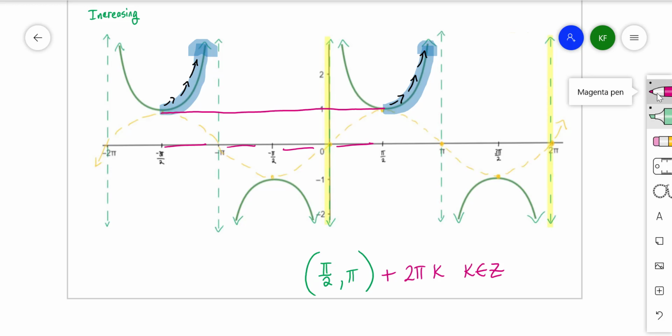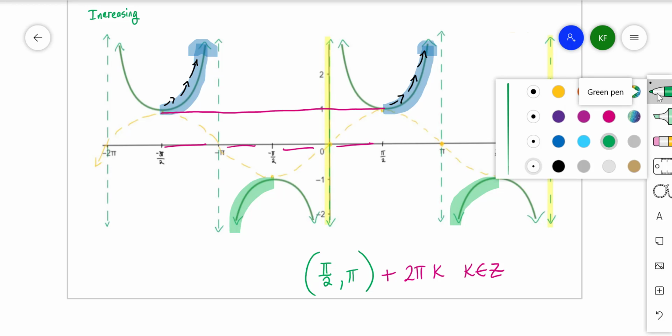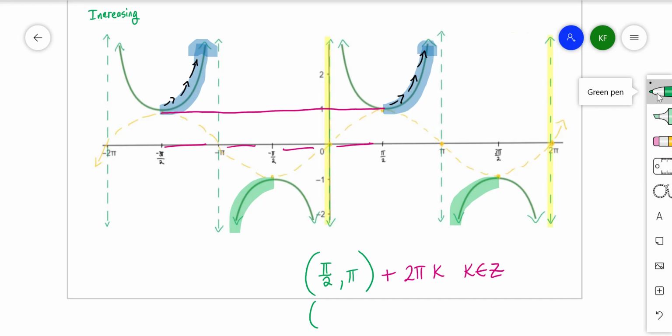Now we have other intervals in the bottom, so we have to break these up because I have to make sure that I'm going to hit these different intervals. So I'm going to separate them. So this one in the parent function starts at pi, and it goes to 3 pi over 2. And then again, you're going to add this portion, but we'll put that in the table.